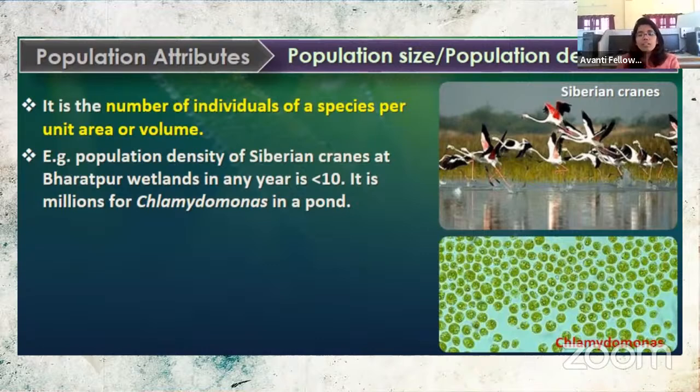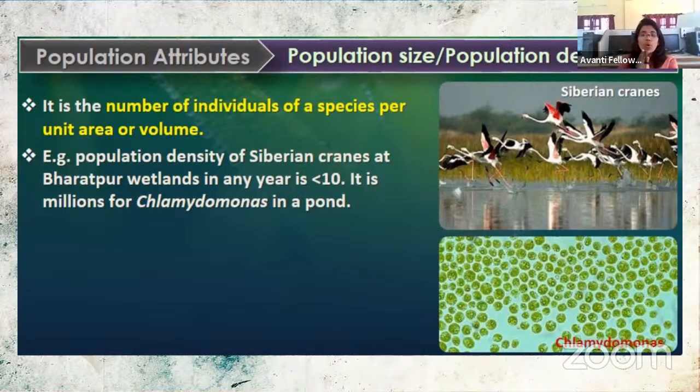Example, if we see the population density of Siberian cranes at the Bharatpur wetland in any year, it is less than 10. Here we are seeing the number of these birds. It is millions for Chlamydomonas in a pond.